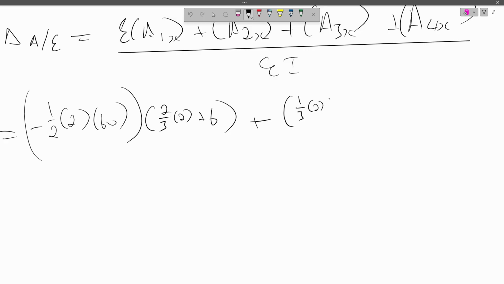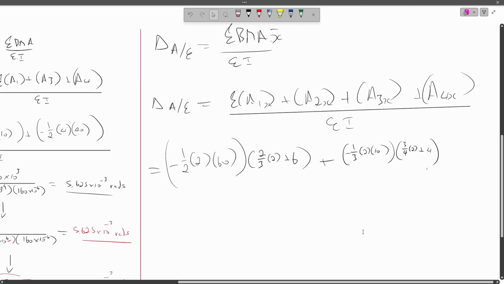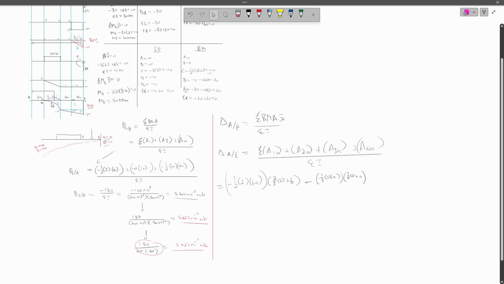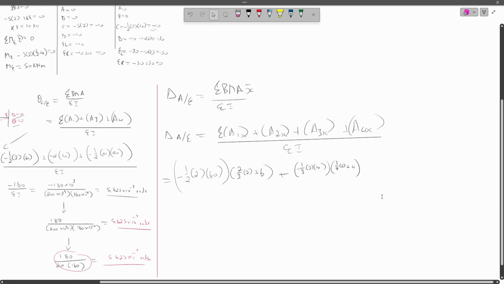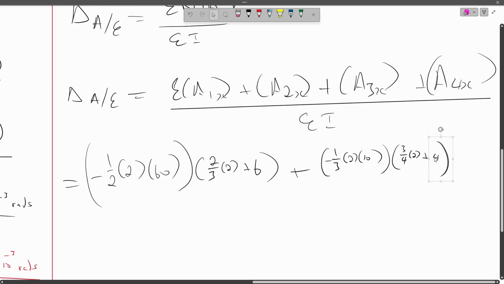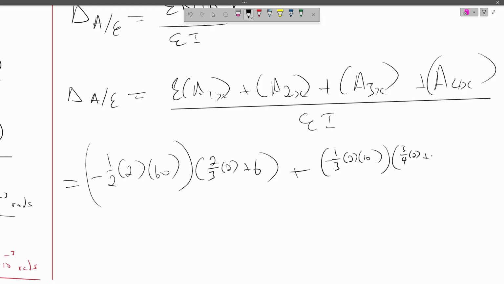Our base is 2. Our height is 10. That's negative. And then we said it's 3 over 4 times base plus the remaining distance. I think it's 4. Let's check. 3 over 4 times base and then plus 2. My bad. That's plus 2.